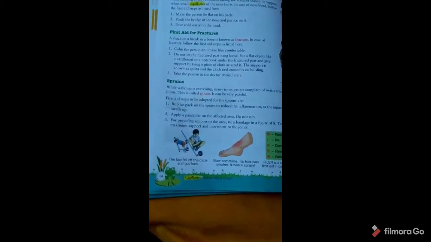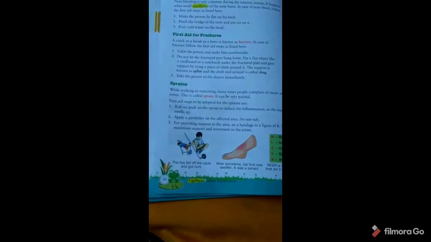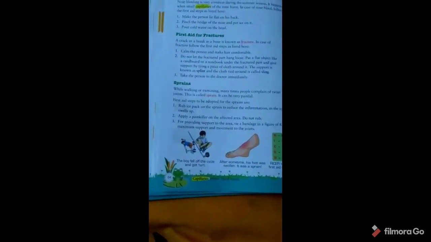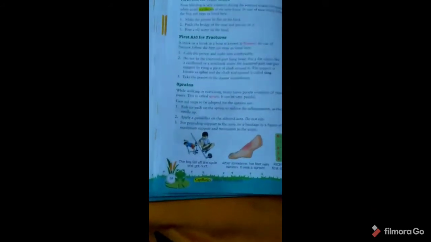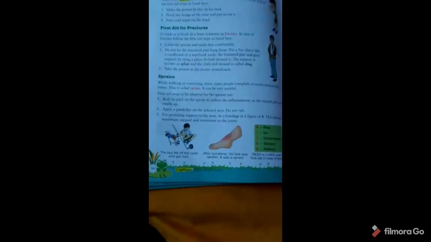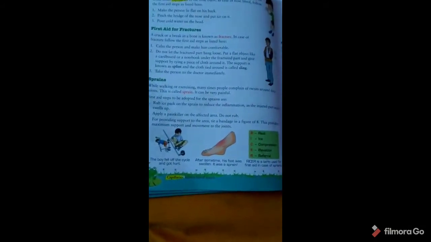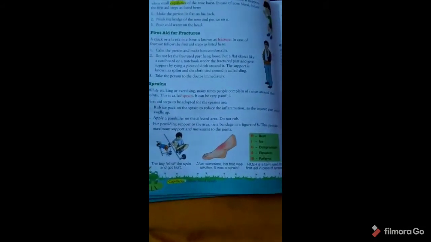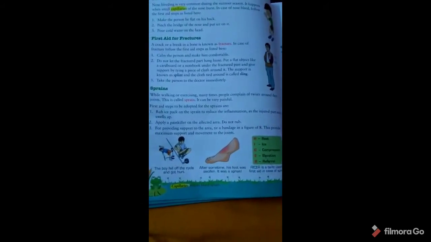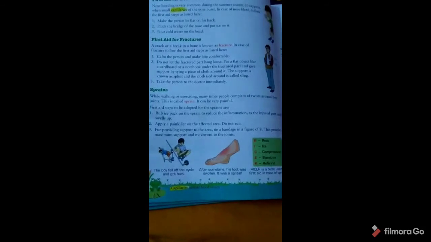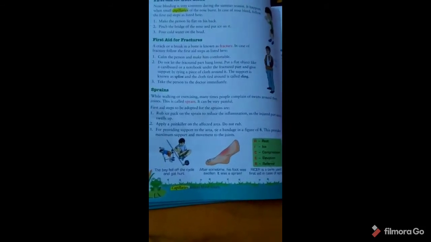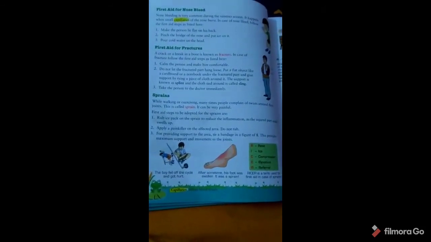Children, one thing I want to explain is the RICER. What does RICER mean? RICER is a term used for first aid in case of sprains. The R stands for rest, I for ice, C for compression, E for elevation, and R for referral.